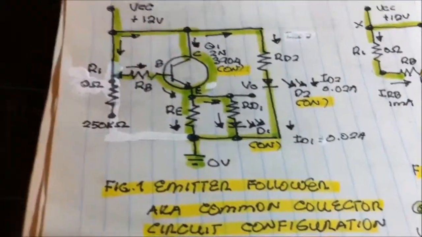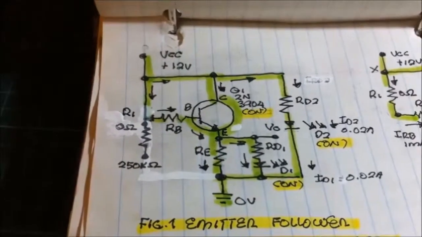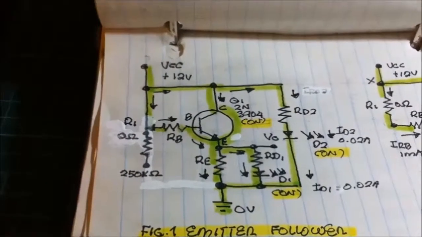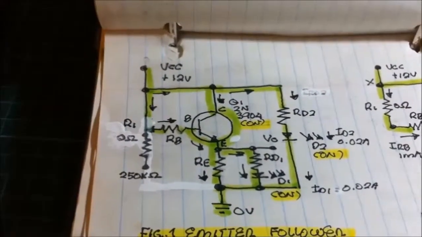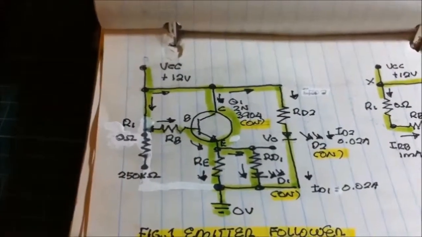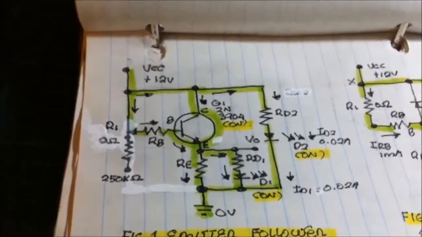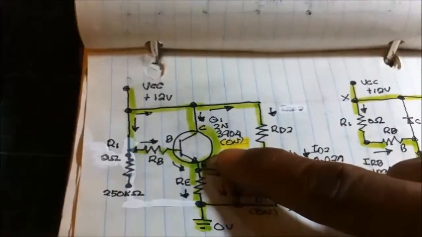Emitter follower is for DC biasing or for using this circuit as a switch. So this transistor, we're now using as a switch.